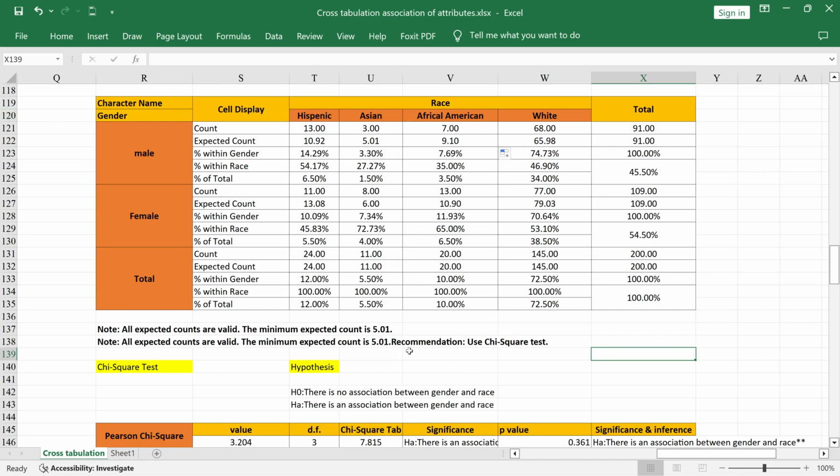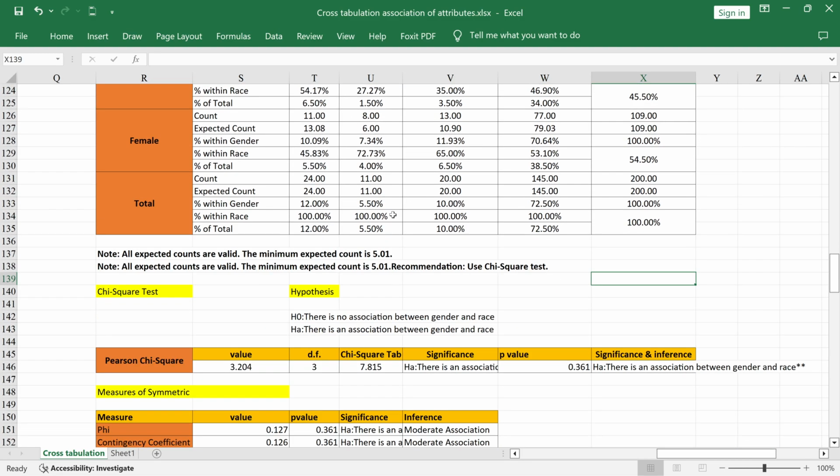And in the second note, you will get the recommendation: use the chi-square test. Previously you saw the Fisher exact test recommendation, right? So this type of sheet works, and it is fully automatic. You just need to put in the data and you will get the answer, right?